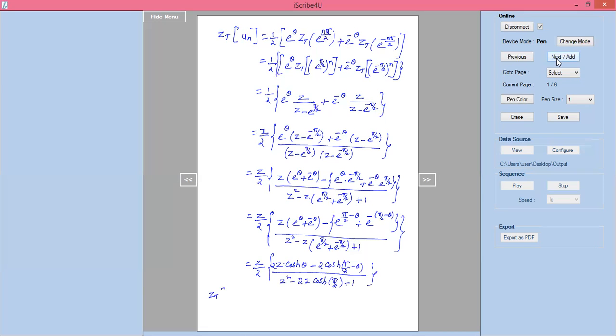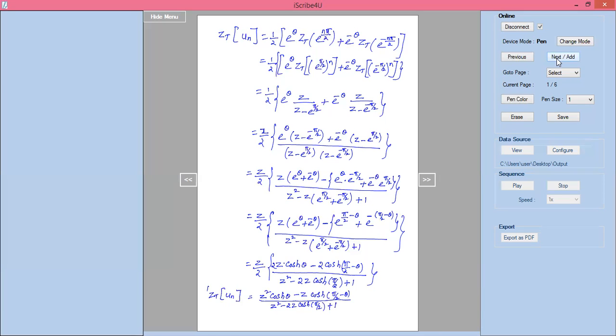Z transform of un equal to, if you take 2 outside, you will get z square into cos h theta minus z into cos h pi by 2 minus theta, divided by z square minus 2z into cos h pi by 2 plus 1.